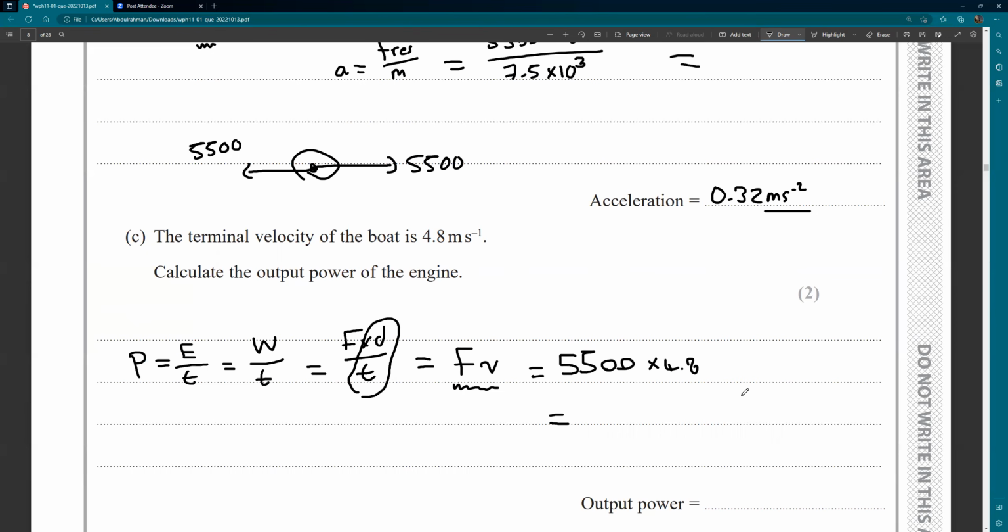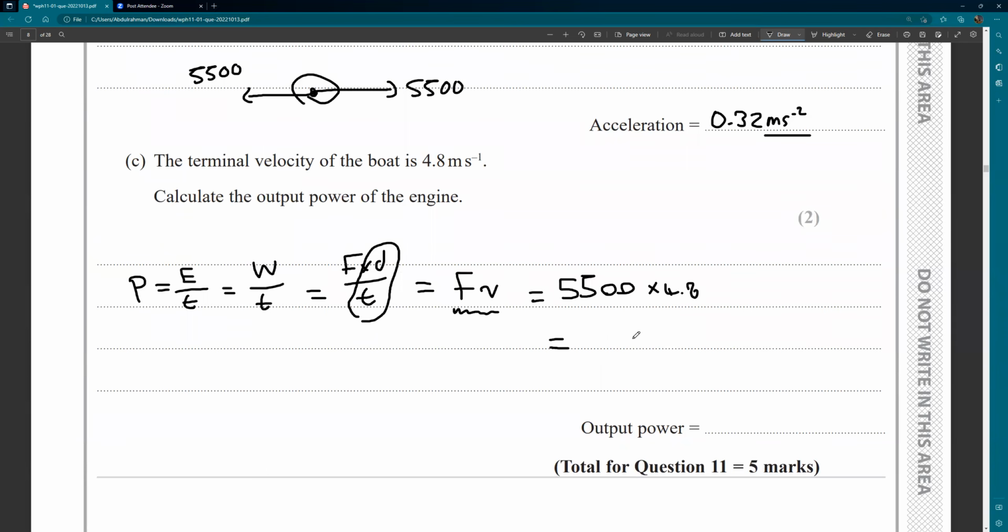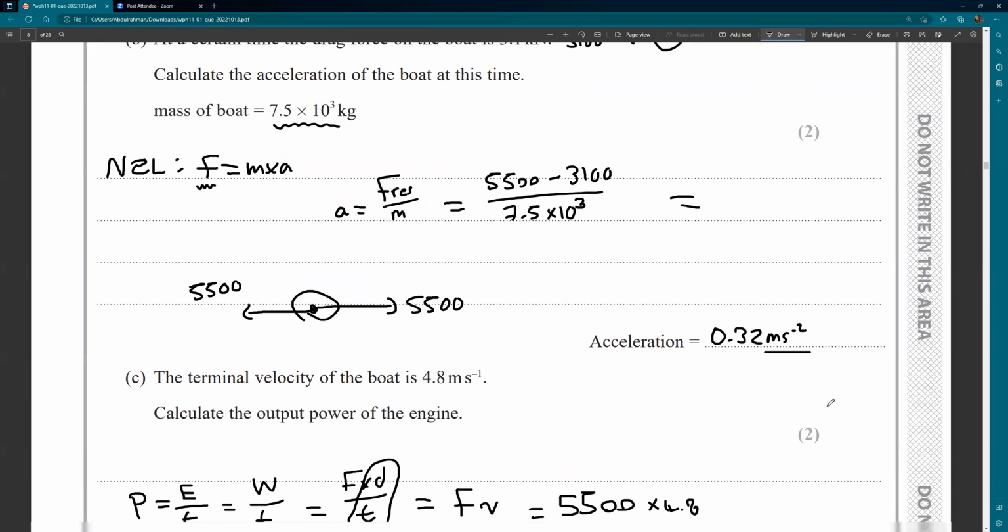So let's do that. You get, if I put it to two significant figures, but I'm going to put it to 3, 2.64 times 10 to the 4 watts. You're probably thinking, shouldn't you have used two significant figures?